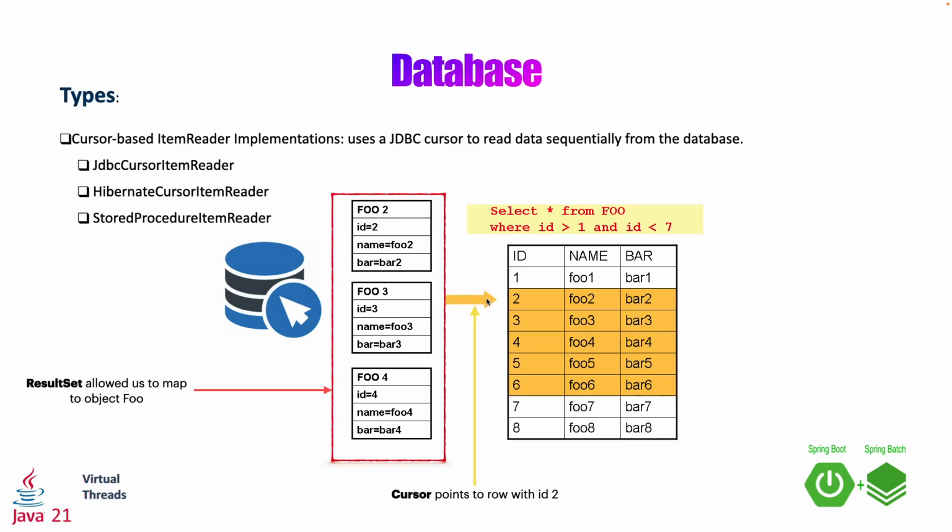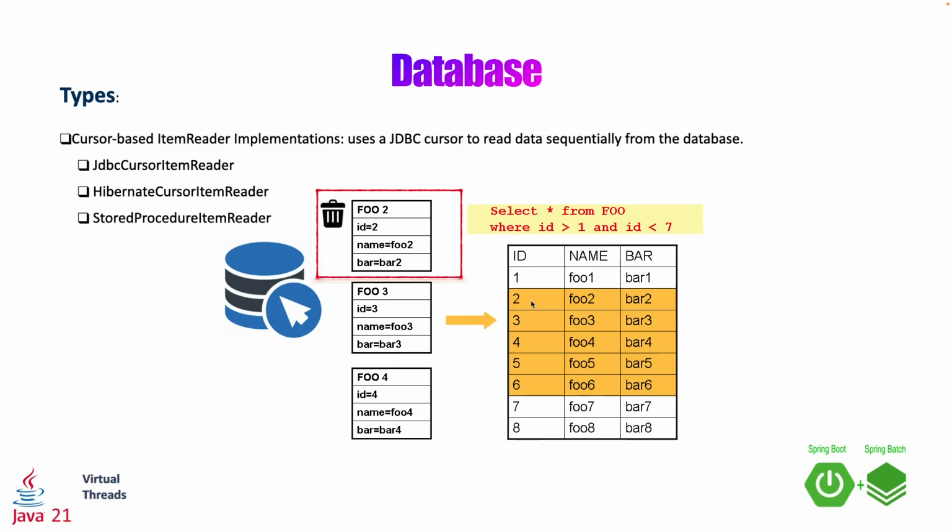For example, when we call the method next or read, the cursor, which was pointing to this row number 2, is going to move to row number 3. When it moves to row number 3, row number 2 can now be collected by the garbage collector, of course if there is no instance variable maintaining a reference to it.